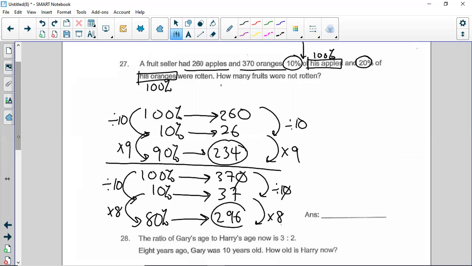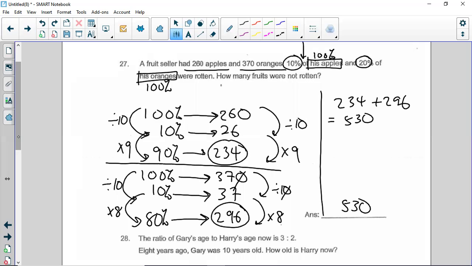So you have 296 oranges not rotten. So how many fruits were not rotten altogether? Then you take 234 plus 296, and that will give you the total fruits that are not rotten, which is 530. Okay, so that's how you do your percentage.